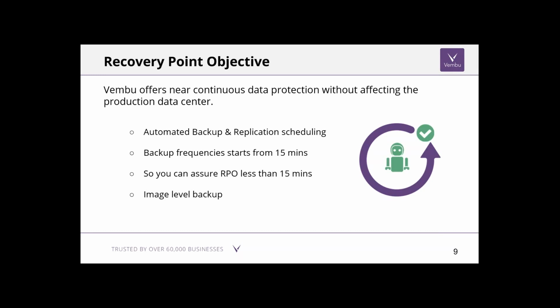By using these options, you can assure your customers or your data centers of less than 15 minutes of RPO. All of them are image level backups, so you can make sure you don't lose any data during the backup job.